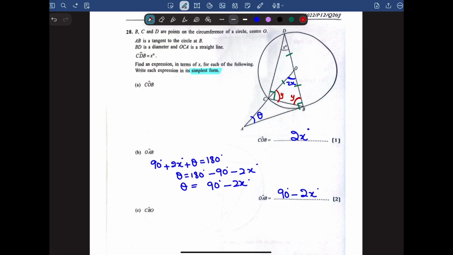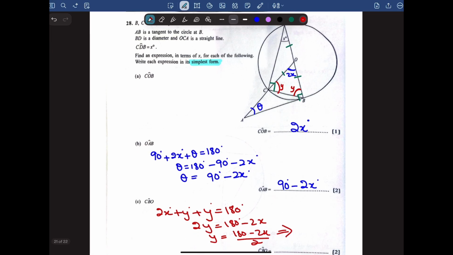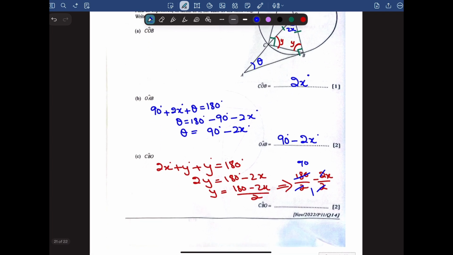So 2x plus 2y should be equal to 180 degrees. 2y is equal to 180 minus 2x. So y is going to be 180 minus 2x divided by 2, which gives us 180 over 2 minus 2x over 2. Let's cancel out the 2's. So the final expression is 90 minus x degrees.